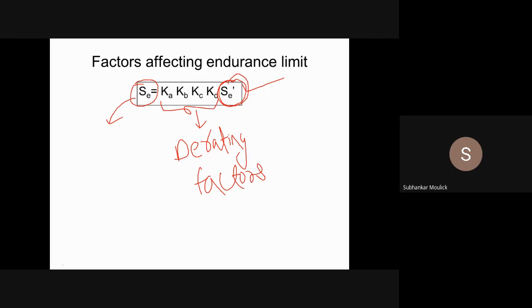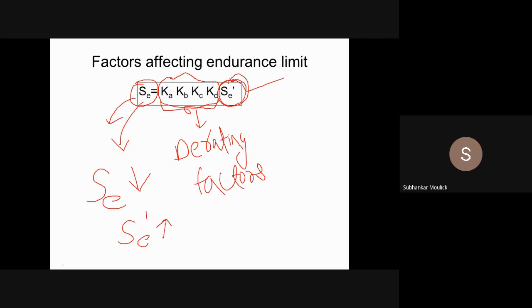And if you remember, in the last lecture I told you that endurance limit is not a property of material. It depends on some factors. These are the factors on which it depends: Ka, Kb, Kc and Kd. If you multiply Ka, Kb, Kc, Kd with SE dash, the resulting value of SE will be a little bit less than the value of SE dash. Why will it be less?